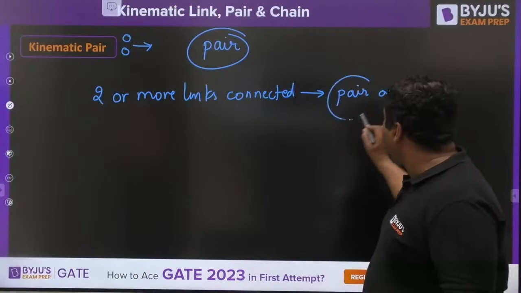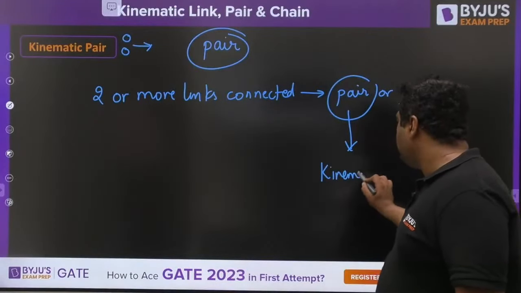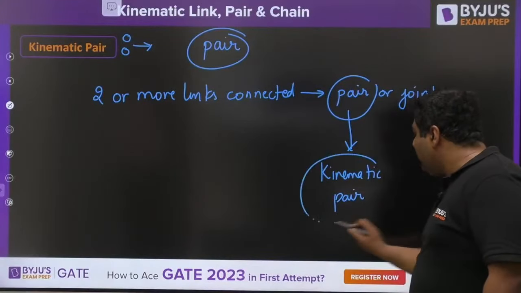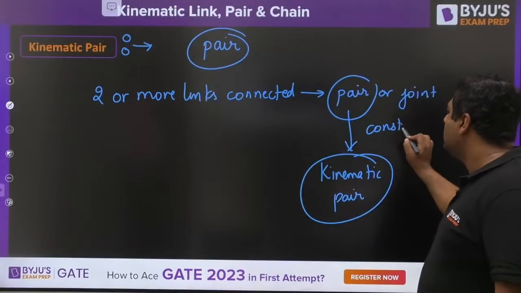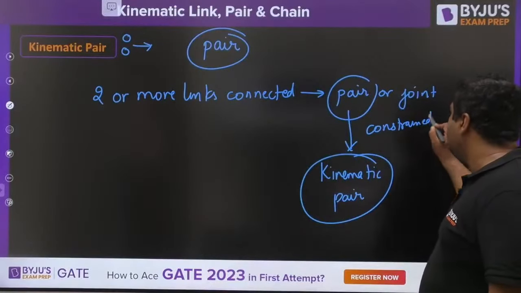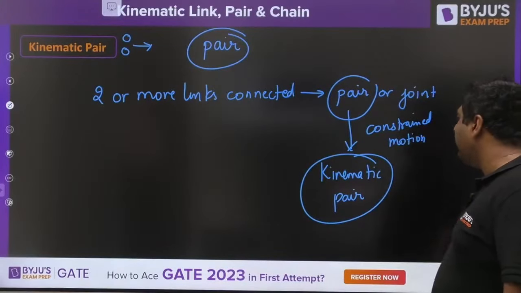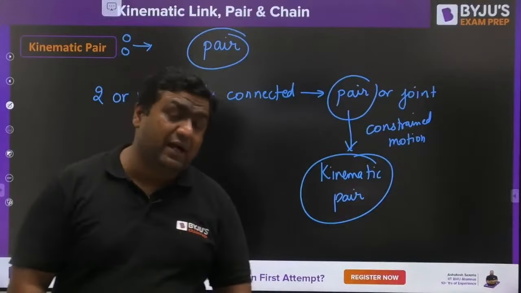And a pair will become a kinematic pair if the relative motion between the links is a constrained motion. So if the relative motion between the links is a constrained motion, we call the pair a kinematic pair. So, my dear, this is how we define kinematic pair.